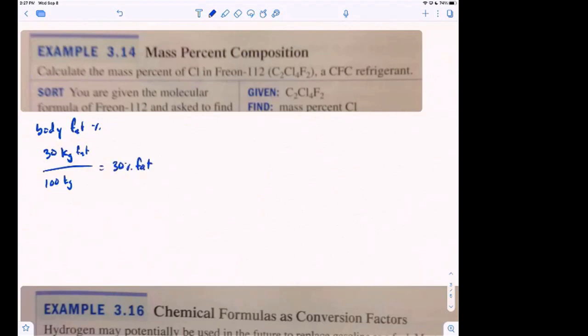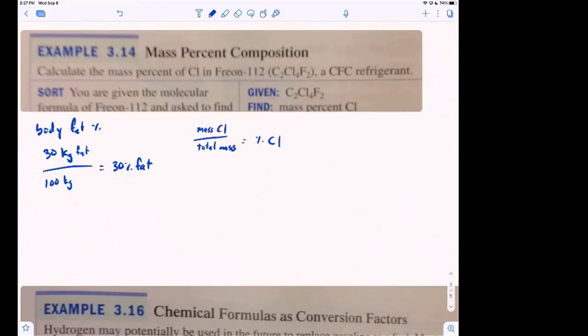If you are a 100 kilogram person and in your 100 kilograms you have 30 kilograms of fat, that means you are 30% body fat. So the way we're going to figure this out is we're going to have the mass of chlorine over the total mass, and this will give us the percent chlorine. And this is going to be percent by mass.